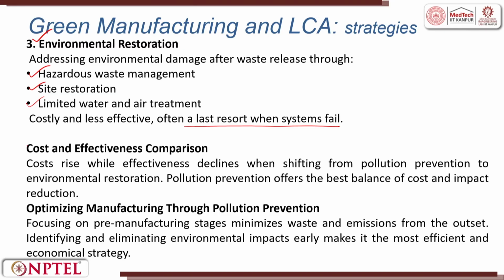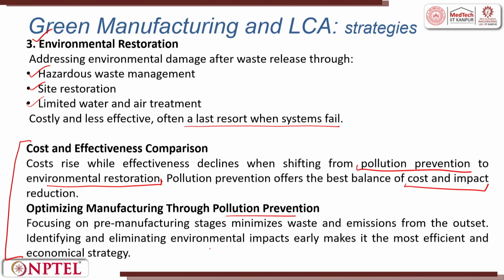Now, cost effectiveness in comparison between the criteria, and optimizing manufacturing through pollution prevention, is very important. When I say cost effectiveness, costs rise while effectiveness declines when shifting from pollution prevention to environmental restoration. Pollution prevention offers the best balance of cost and impact reduction. Optimizing manufacturing through pollution prevention, focusing on pre-manufacturing stages, minimizes waste and emissions from the outset.